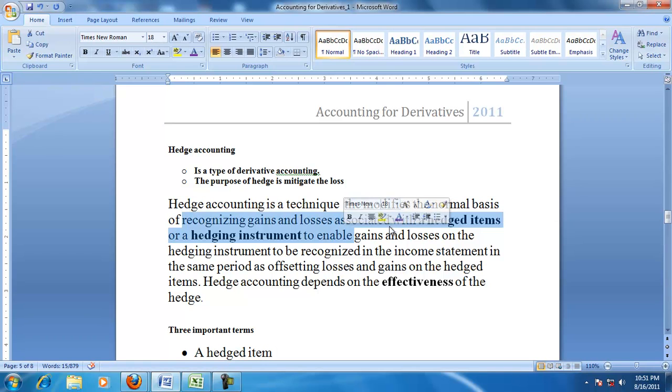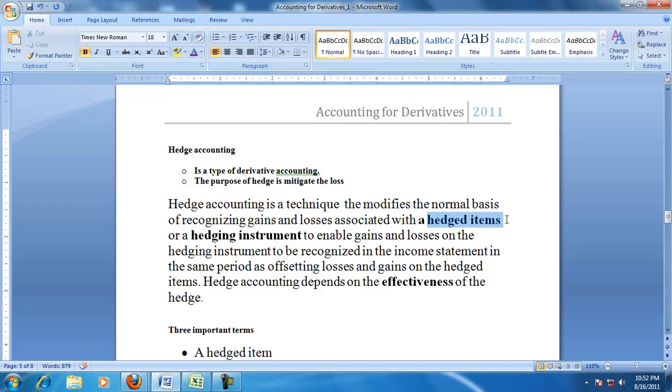Hedge accounting gives you an option of adjusting the losses or the gains from the hedging instrument against the losses and the gains from the hedge items, to mitigate the losses arising from the hedge item.